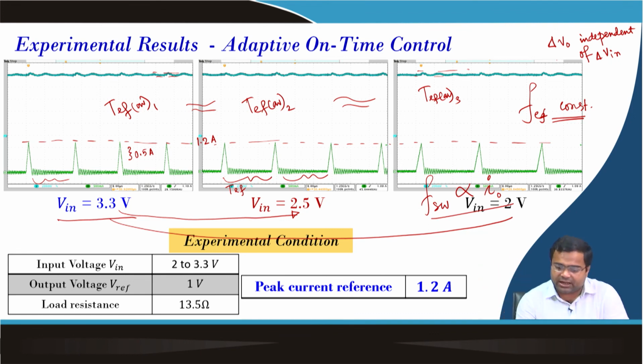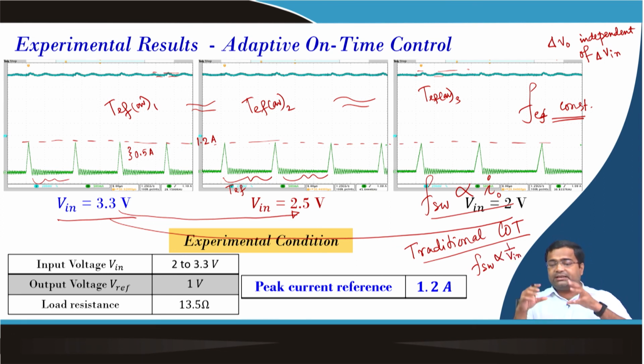That means in traditional constant on time, the frequency will be inversely proportional to input voltage. But here, in this adaptive on time, it is more or less constant. So it retains a good feature, which is why many commercial products use this peak current based adaptive on time control.